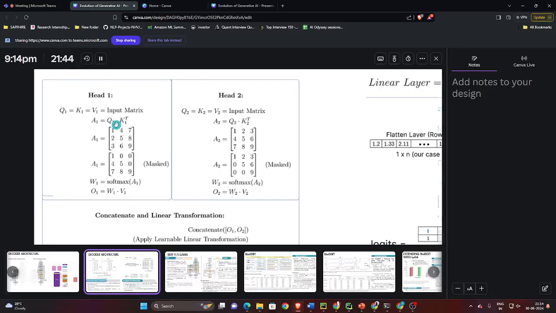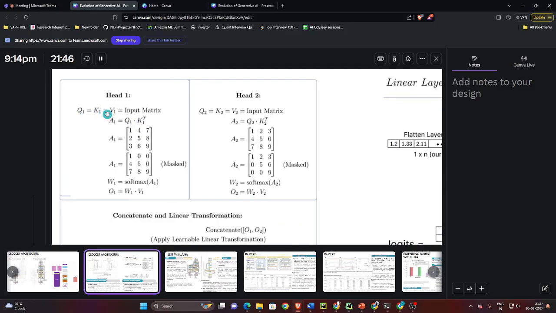Over here, if you can see head 1, Q1 equal to K1 equal to V1 is the input matrix. We find the QK transpose, W1 is the softmax of A1, that's A1 divided by root over of dk.